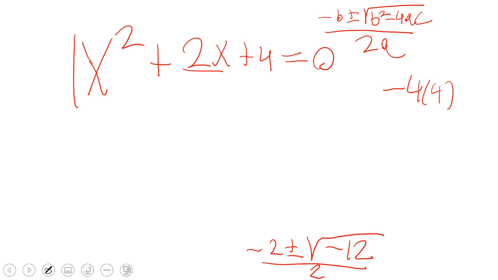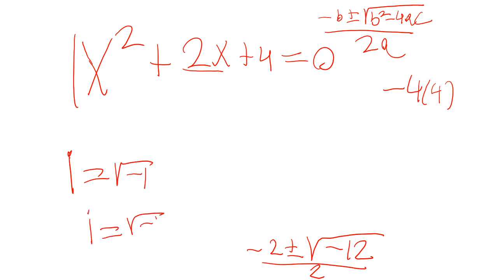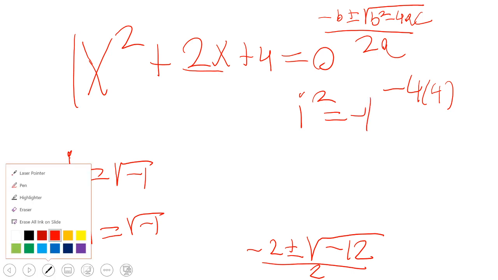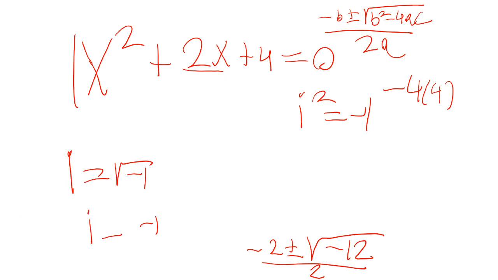If you don't know, i is equal to the square root of negative 1. i is what's known as an imaginary number, and i squared equals negative 1. So now tell me how we can express this in terms of i.